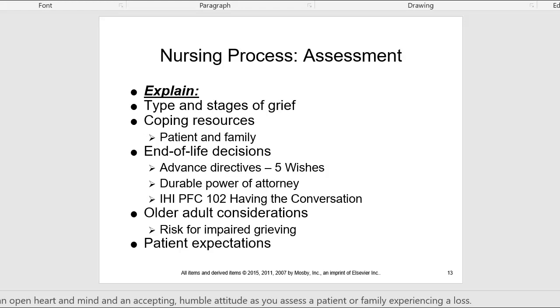Assessing the coping patterns. What resources does the patient or family have to cope with loss? Do you need to help them with advanced directives or power of attorney? We'll talk more about that in law and ethics. And then looking for those older adult issues of multiple losses, depression, all those things are part of your assessment.